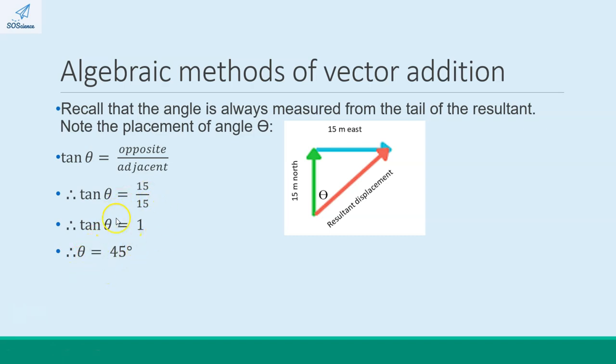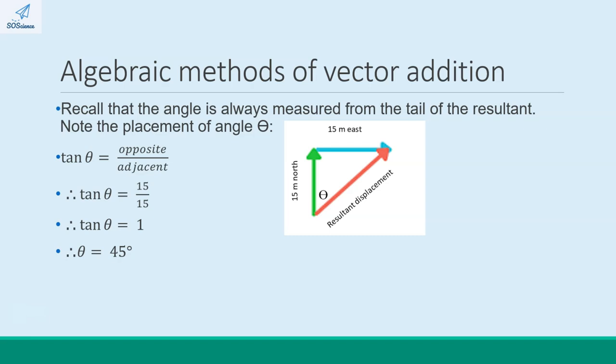Now, if you're not sure how to work this out using your scientific calculator, what you need to do is take your scientific calculator, find the shift button, press on the shift button, then on the tan button, and then it gives you an open bracket. You plug in this number, you close the bracket, and you press the equal sign.